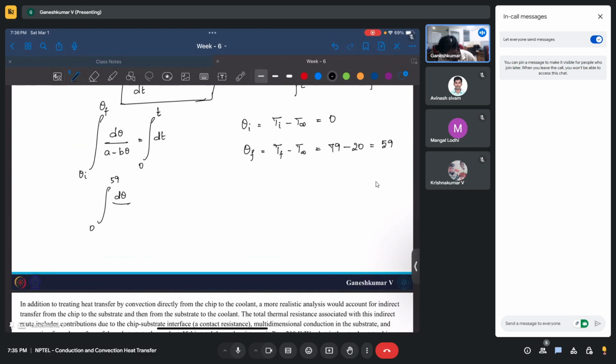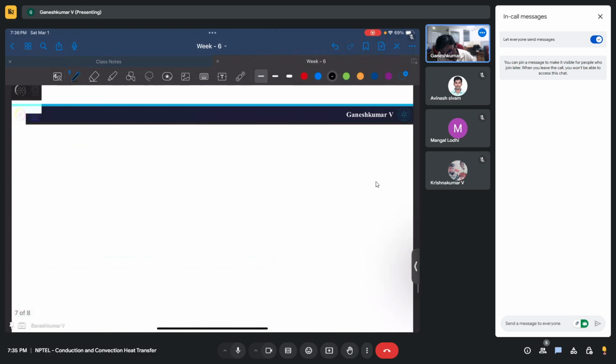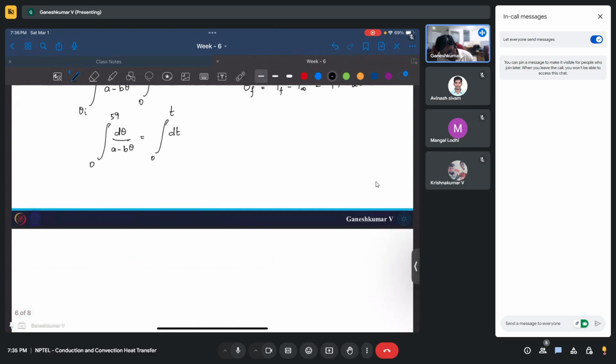The integral from 0 to 59 of d theta divided by A minus B theta is equal to the integral from 0 to T of dt. These are basic mathematics, that's why I'm going a little fast. If you have any doubts, please stop me at any time. Now if you integrate the left hand side, what would happen?